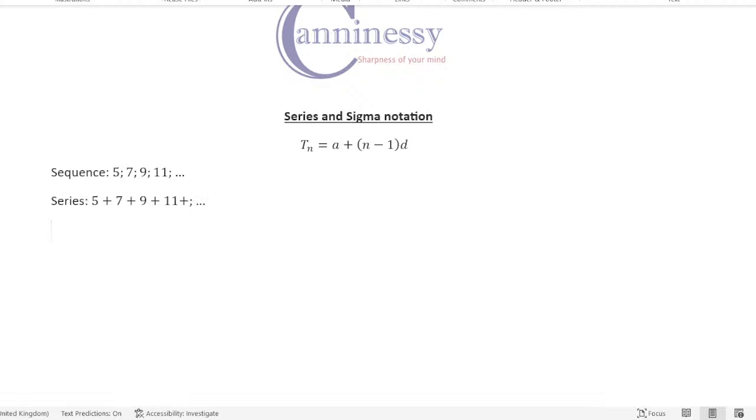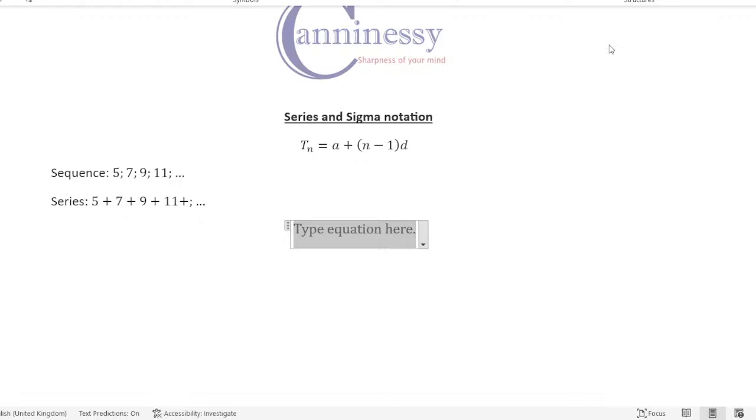Now I'm going to write a sigma notation. Let's say we have this sigma notation.